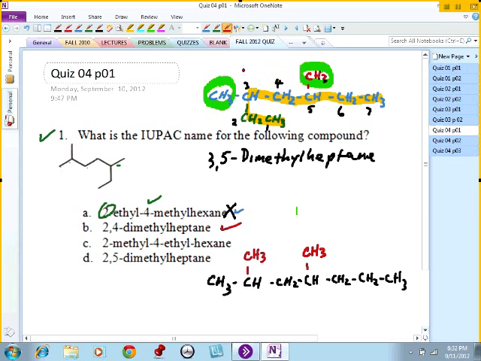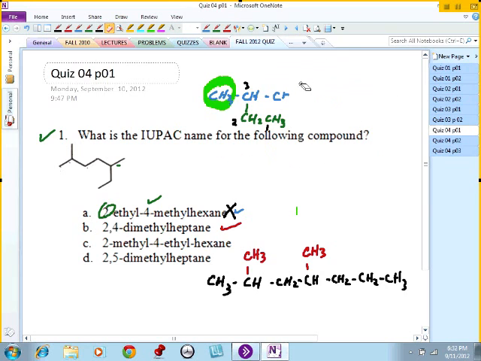I'm going to erase this. Can I erase this? Okay, so let us do the C. 2-methyl-4-ethyl-hexane. By the way, there should be no hyphen between the ethyl and the hexane. That's an error.